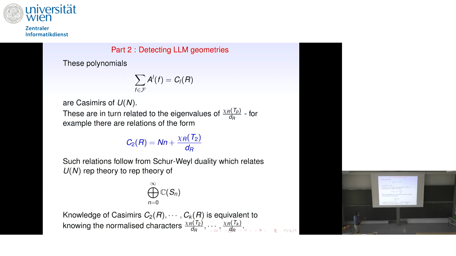Just like here, if you know T2, there's a simple equation that gives the quadratic Casimir. And this is all part of the general relation between U(n) representation theory and Schur-Weyl duality, which relates U(n) representation theory to representations of S_n for all possible n's. This little n is basically related to the number of boxes in your Young diagram. And it also tells you how Casimirs and these central elements are related.